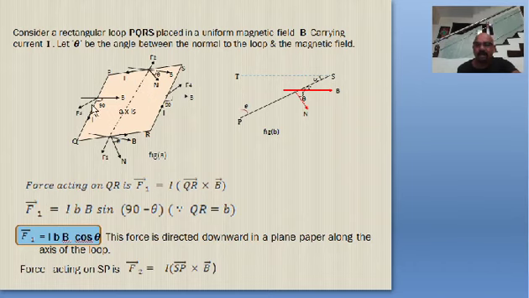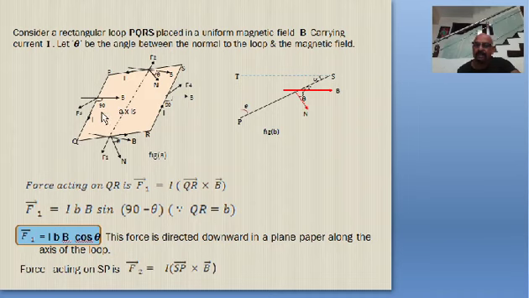So now we have to calculate F3 and F4. Now notice, dear students, the loop is carrying the current. From P to Q the current is going downwards, and here the magnetic field is in this direction. What is the angle between PQ, that is this part of the conductor, and the magnetic field?